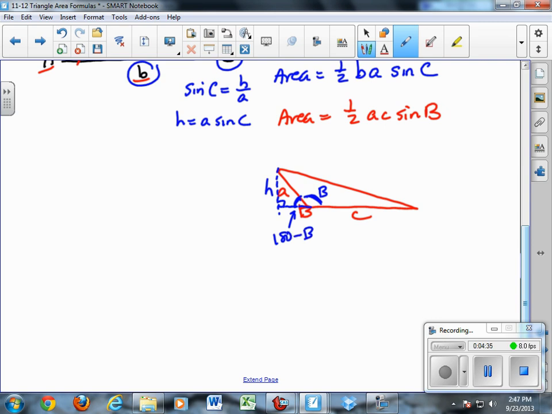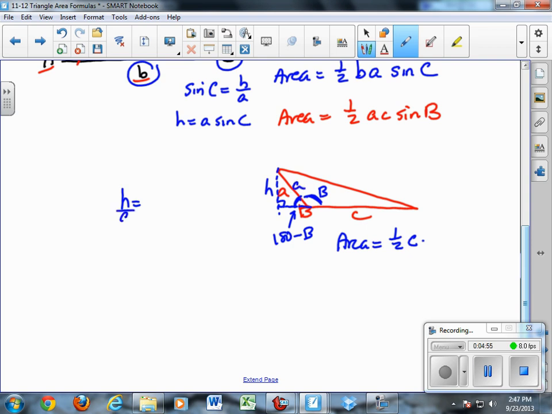And if I find that H, so I'm saying that area is going to be equal to 1/2 times my base C times H. H over A is my value that I'm given.